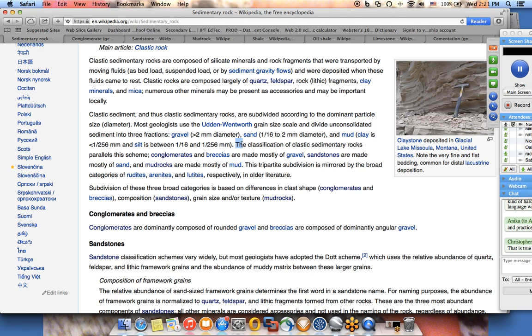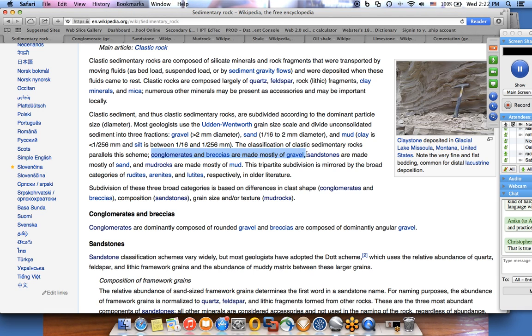Then it says, the classification of clastic sedimentary rocks parallels this scheme. Parallels means that it's kind of the same, it goes together with this scheme of the size. And so you have conglomerates and breccias are mostly made of gravel.